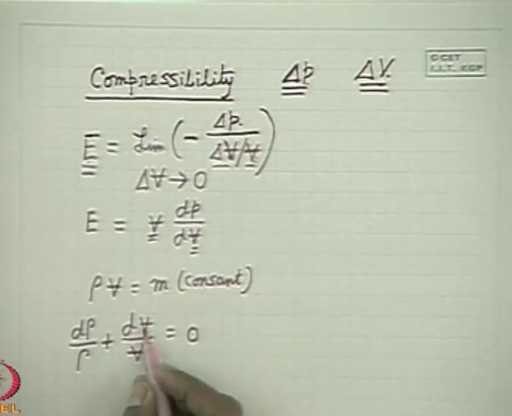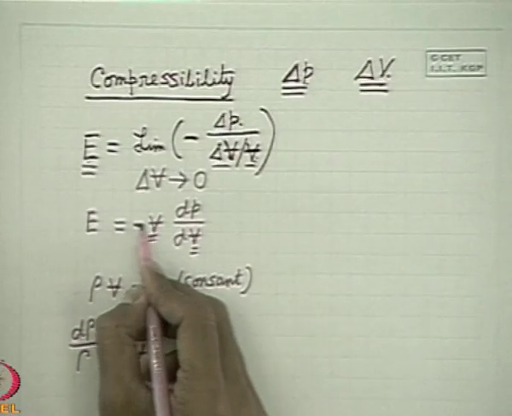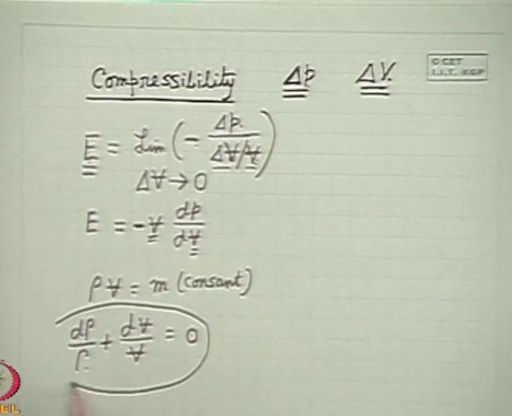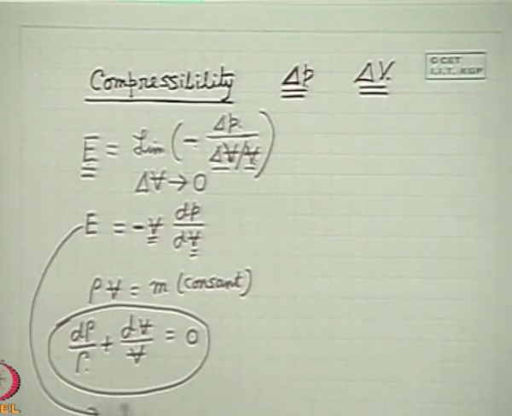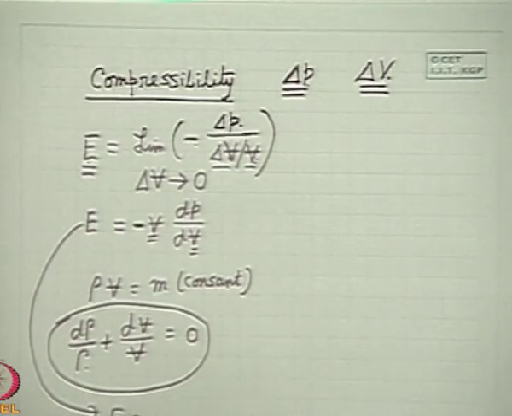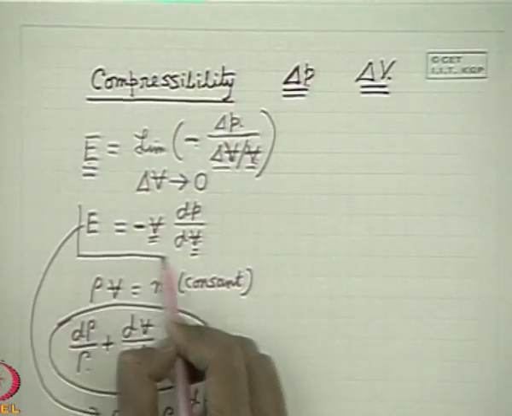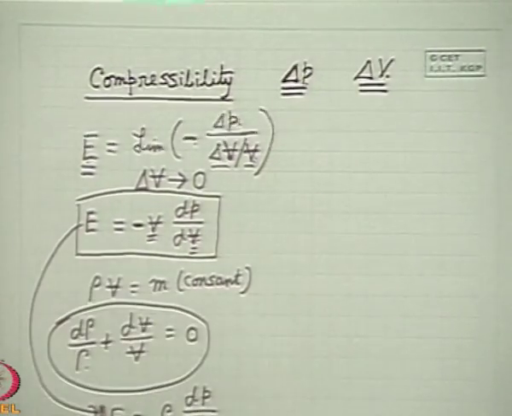That means minus dV by V is d rho by rho. With the help of this, I can write E is equal to rho into dP by d rho. So, these two equations define the bulk modulus of elasticity.